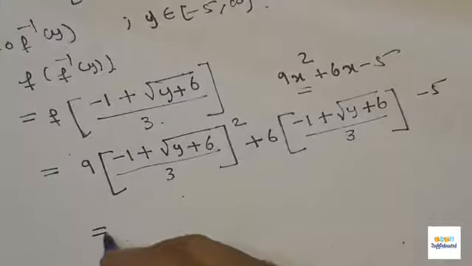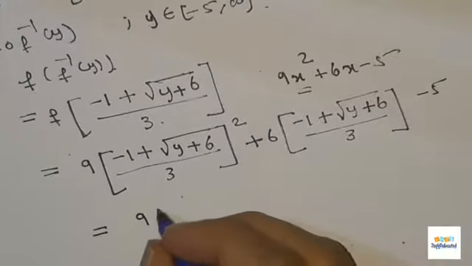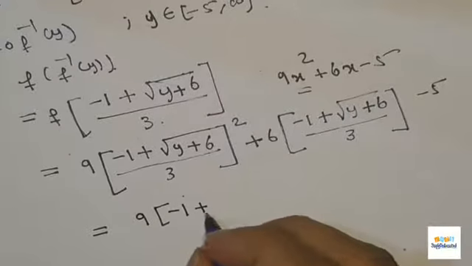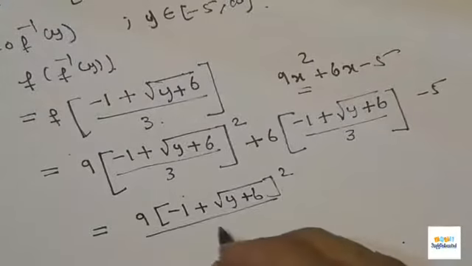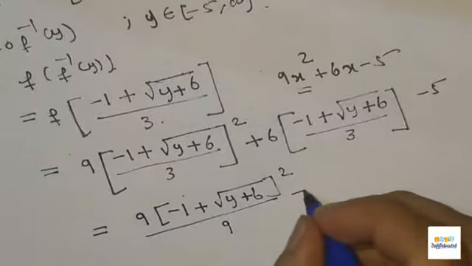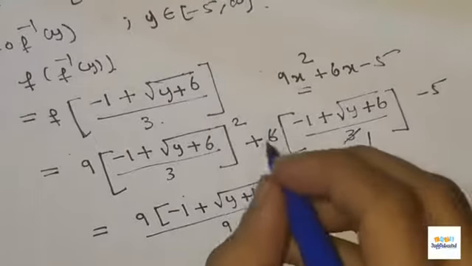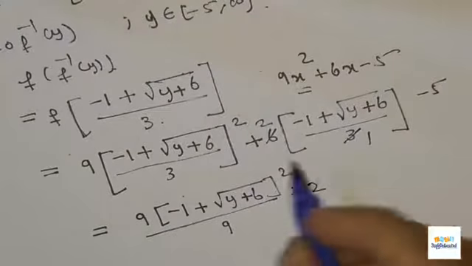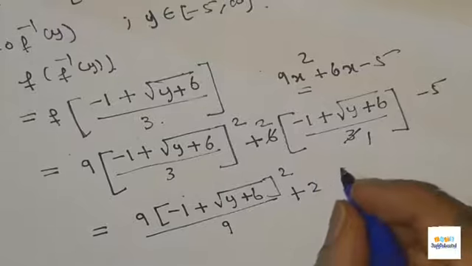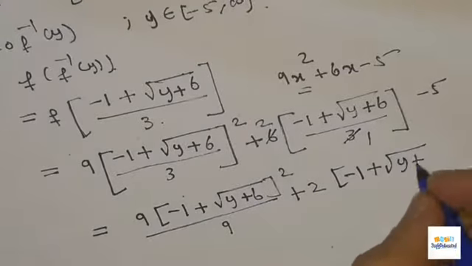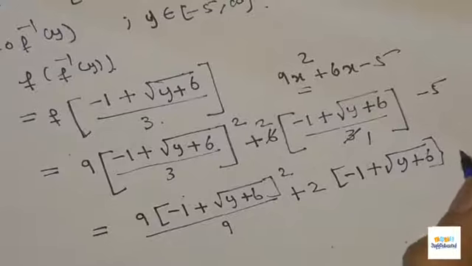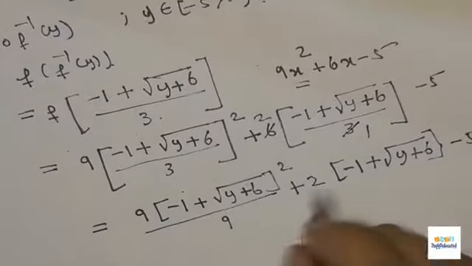So that will be equal to 9 multiplied by minus 1 plus root of y plus 6 the whole square divided by 9, plus 2 times, 3 ones are 3, 3 twos are 6, so 2 times minus 1 plus root of y plus 6, minus 5.